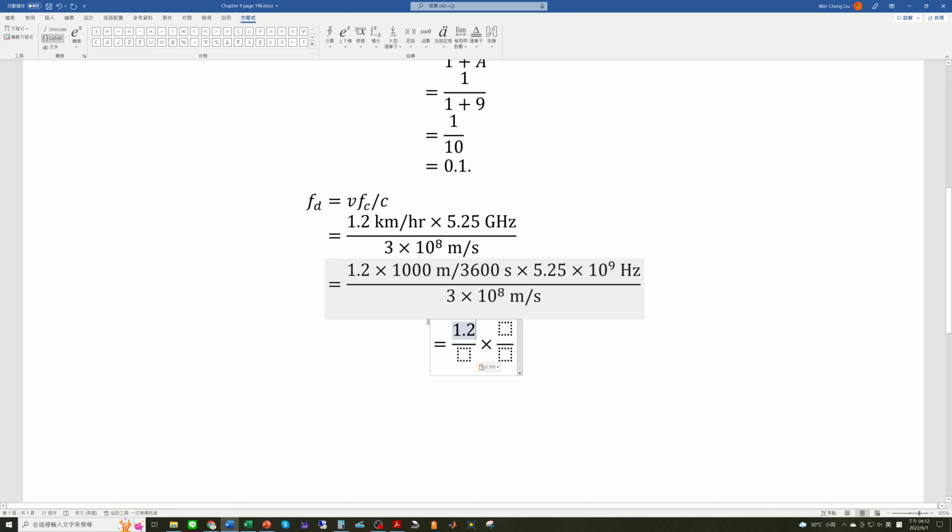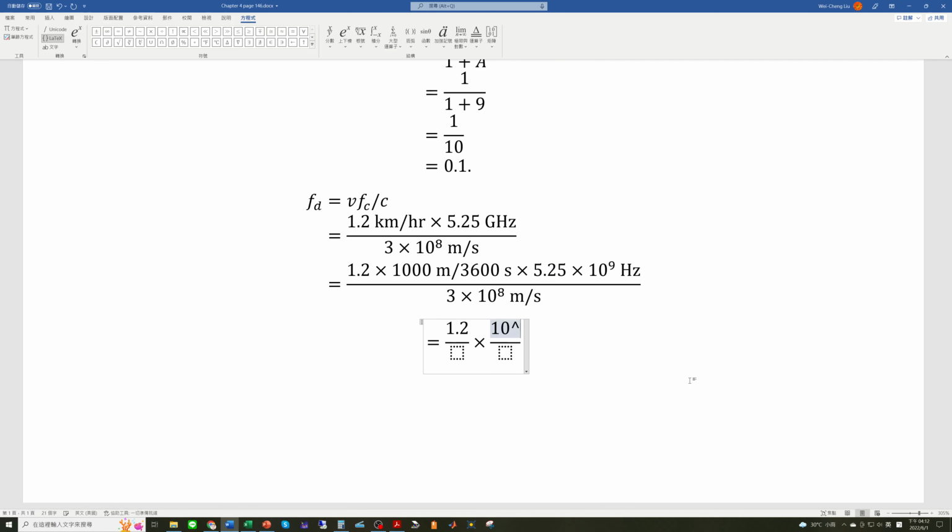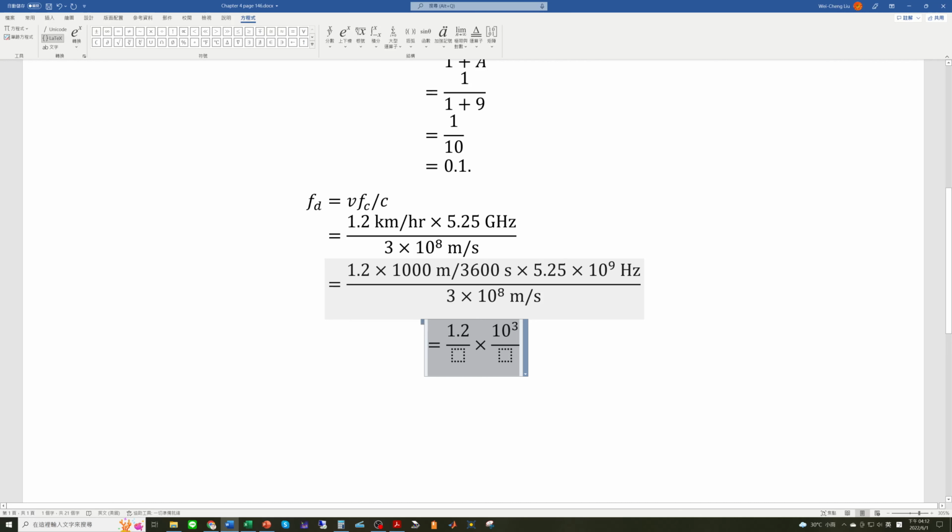Next, 1000 should be here, and it is equal to 10 to the power of 3. And then divided by 3,600, so I can write 36 here and 100 here.